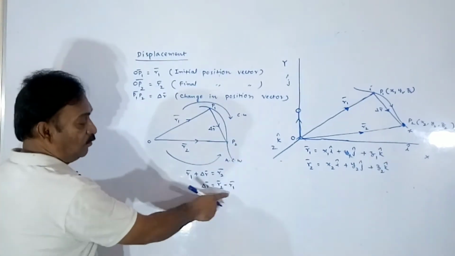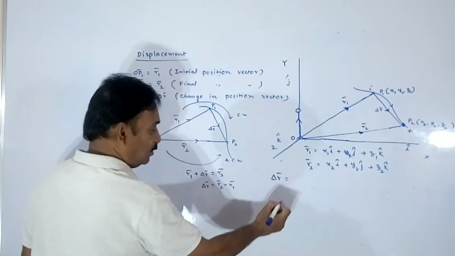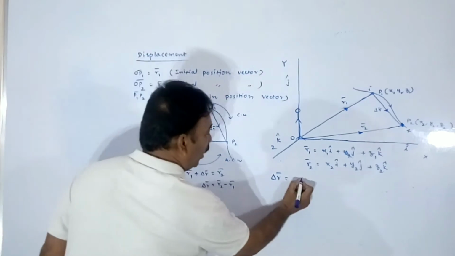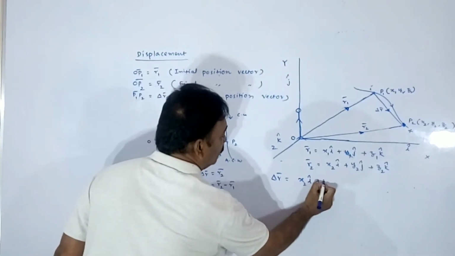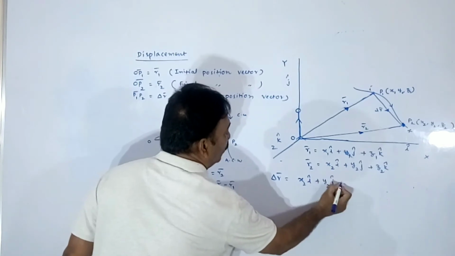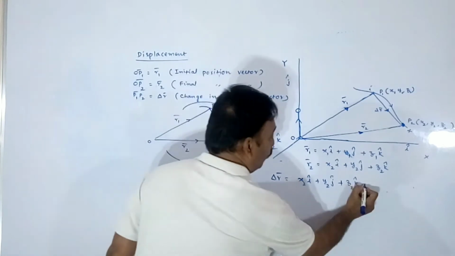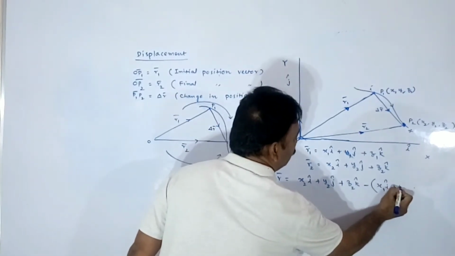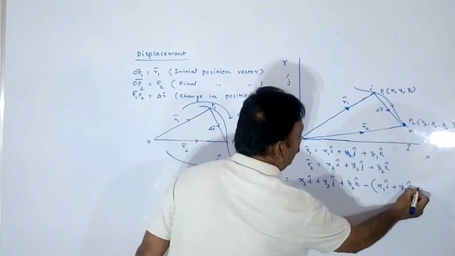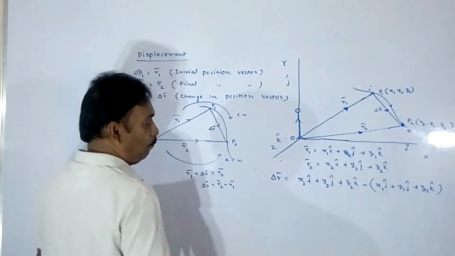We have to take the difference of this, that is delta R bar can be written as R2 bar minus R1 bar, x2 i cap plus y2 j cap plus z2 k cap minus x1 i cap plus y1 j cap plus z1 k cap. Getting me?